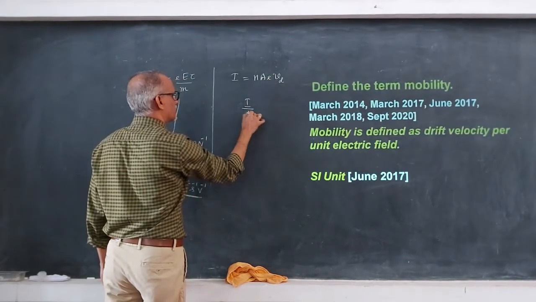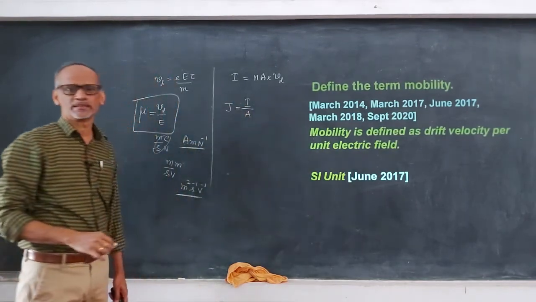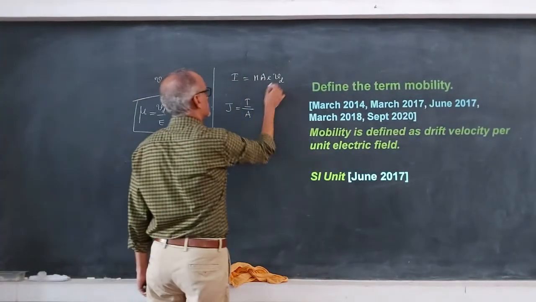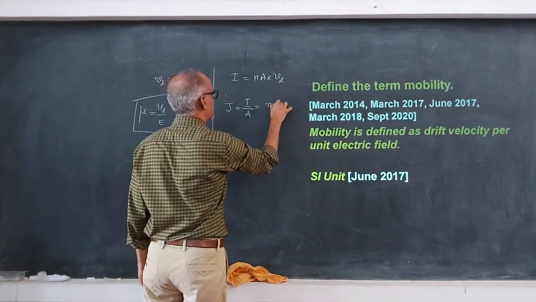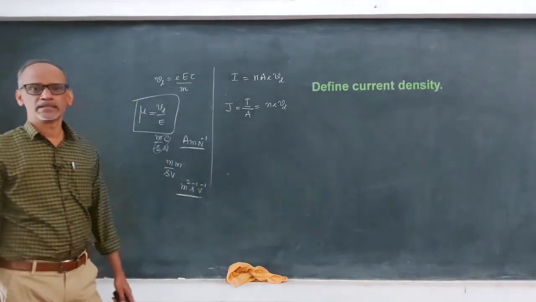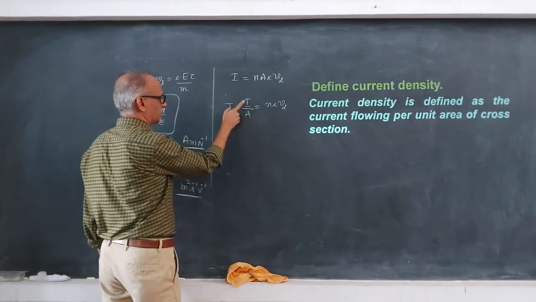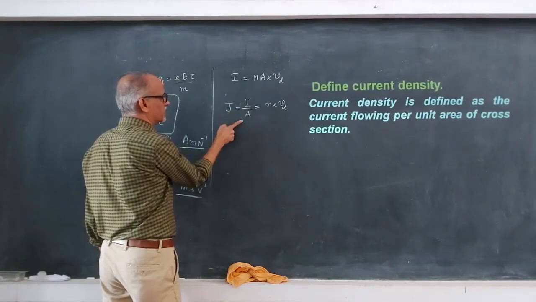The other term is this: current flowing per unit area of cross section. This is called current density, I by A, which you can write as n e Vd. That is the next term. So, how to define current density? Current density is defined as the current flowing per unit area of cross section.